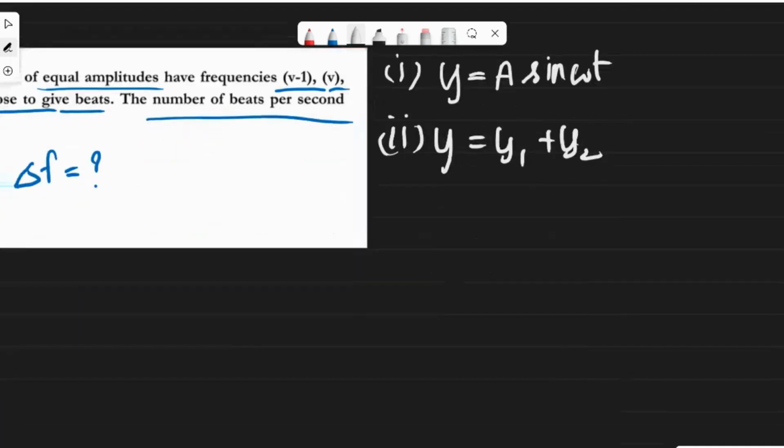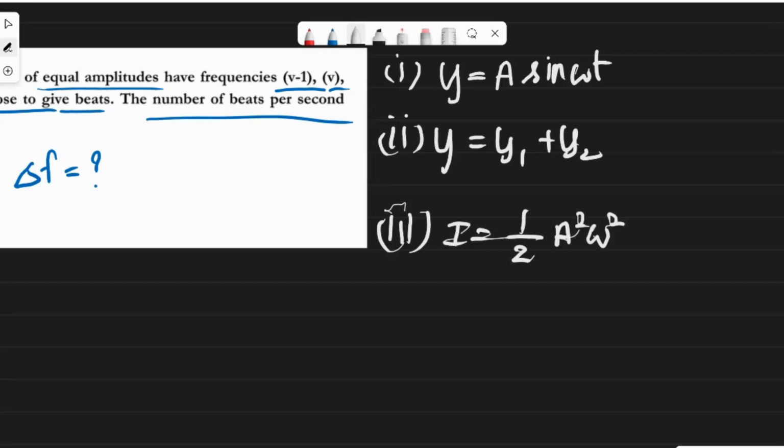Third, since these are sound waves, they produce beats, and the beats will have minimum intensity and maximum intensity. The intensity formula is half a square omega square rho into v. The thing that will help us in this equation is that intensity I is directly proportional to a square.